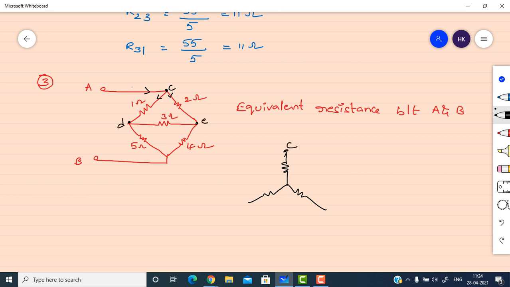This is C, D, E. To this D point, what is the resistor connected? 5 ohm. To E point, what is the resistor connected? 4 ohm. And these two are connected at capital B.